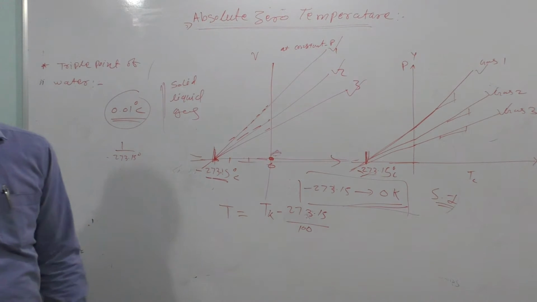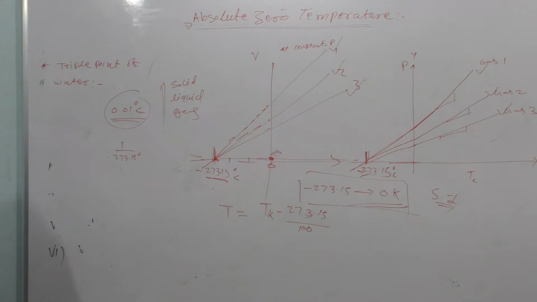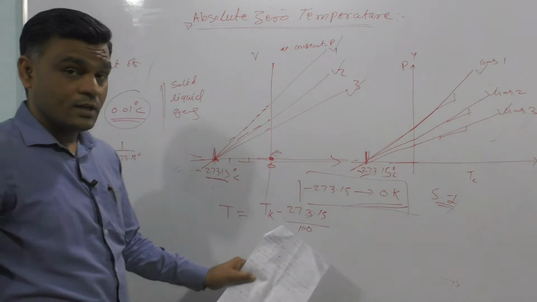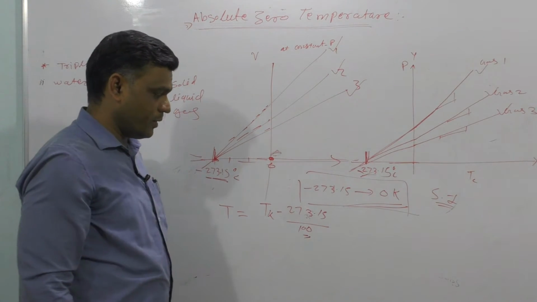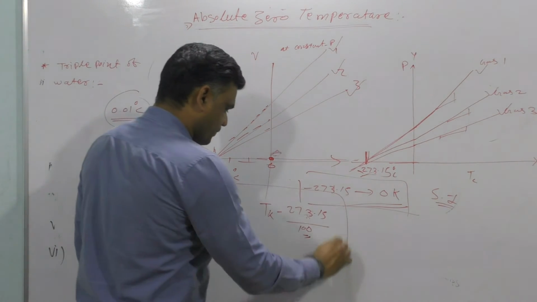There is no change in any intervals. The intervals are the same in both cases, the Celsius scale and the Kelvin scale. That's why we have the same denominator here and we obtain this one.